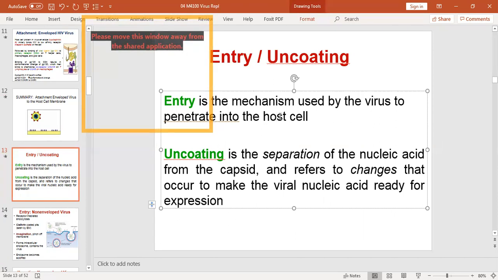Another process is called uncoating. Uncoating is basically the separation of viral nucleic acid from its capsid. Uncoating refers to those changes that happen and make the viral nucleic acid ready for expression. As a matter of fact, this is a collective term. It makes the viral nucleic acid ready for gene expression as well as its replication. We'll discuss these in future lectures.